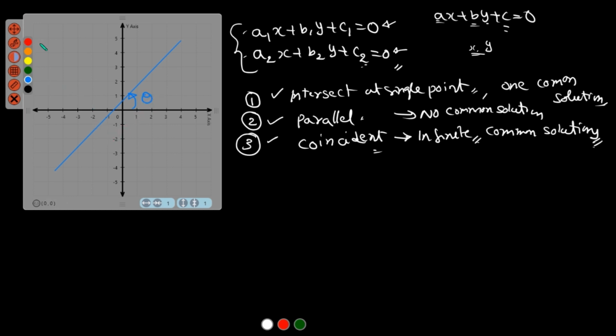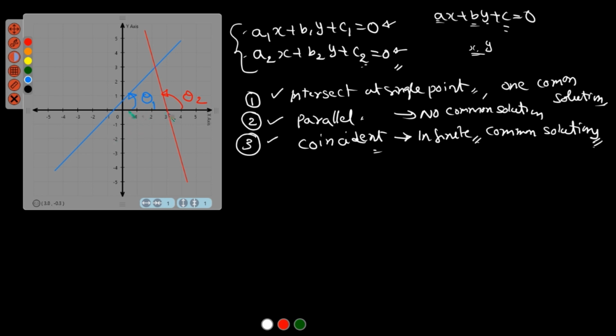I am drawing another line. This one has the angle theta 2. So line 2 has the angle theta 2 and line 1 has the angle theta 1.